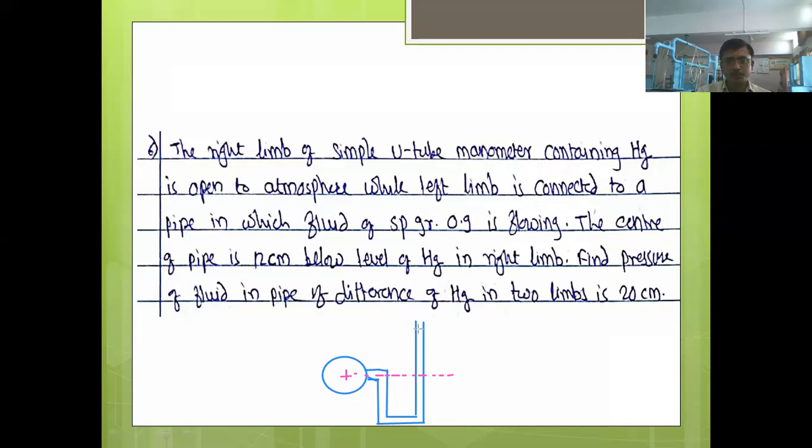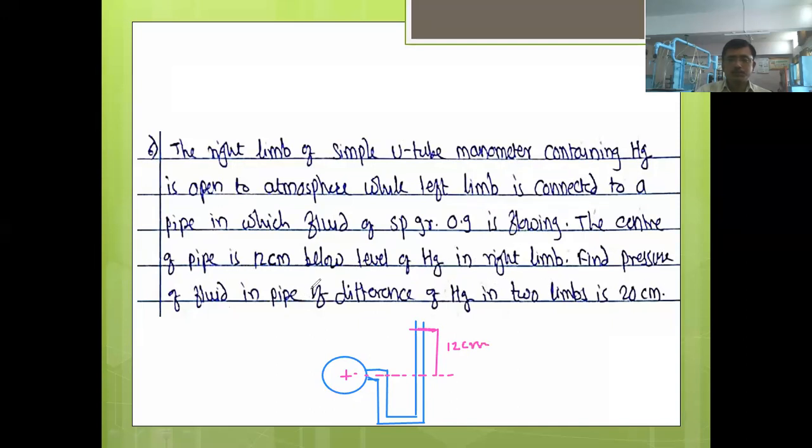This is the center of the pipe, and this is the right limb mercury level. This total distance will be 12 centimeter.